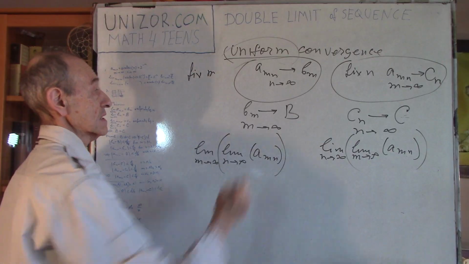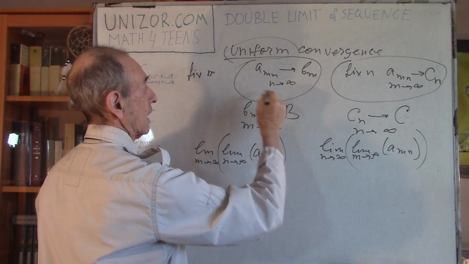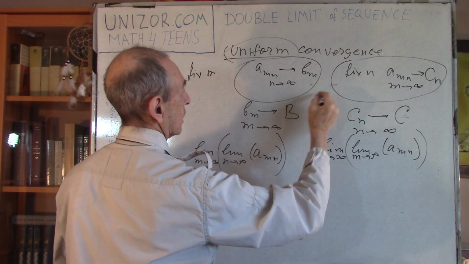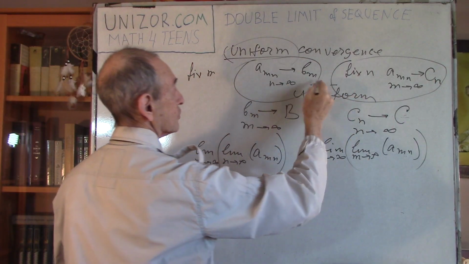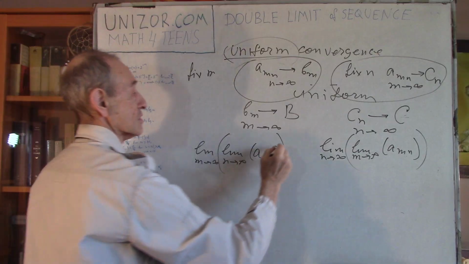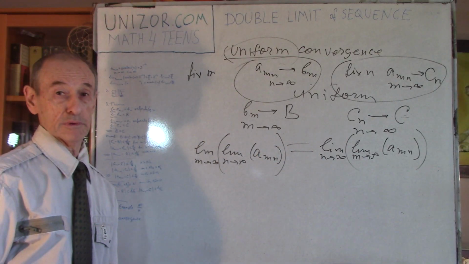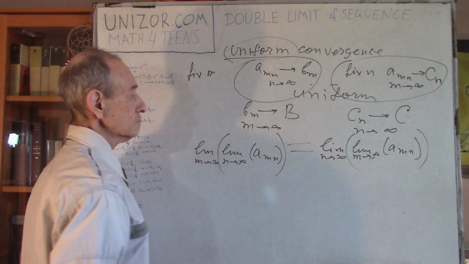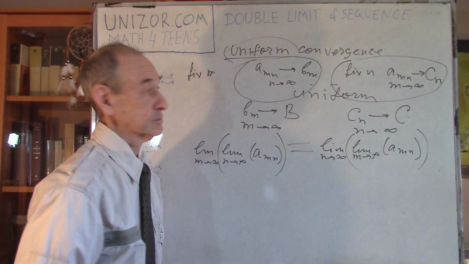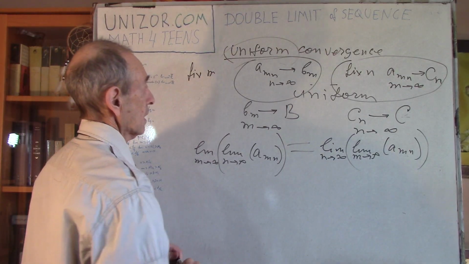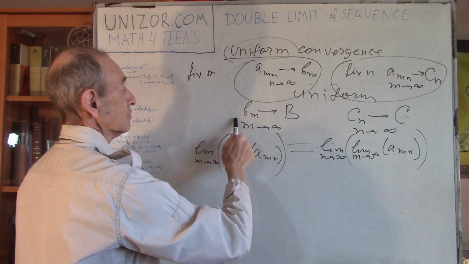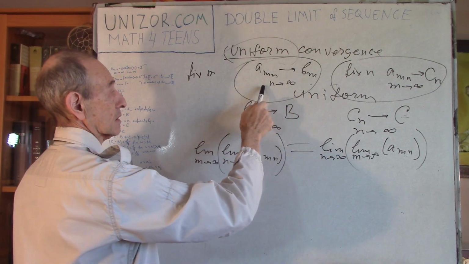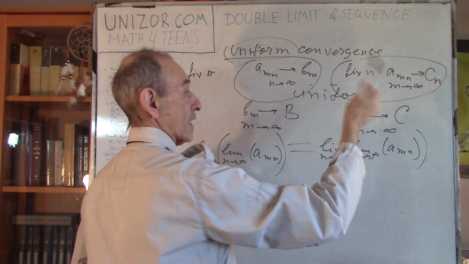The theorem is, if this is true, and this one are uniform convergence, not just convergence, but uniform convergence, then these two limits are equal to each other. That's the theorem. So again, if I have a limit by one index, and then a limit of limits, but this one is uniform, or I change the sequence.